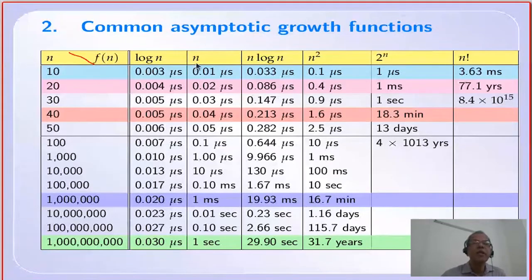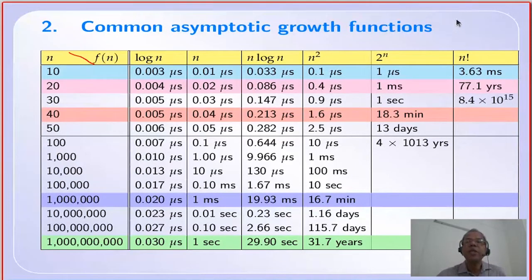So when we say n, we say the basic operation is repeatedly executed n times. When we say the running time is n log n, the basic operation is repeatedly executed n log n times. When we say the running time is n squared, the basic operation is repeatedly executed n squared times.